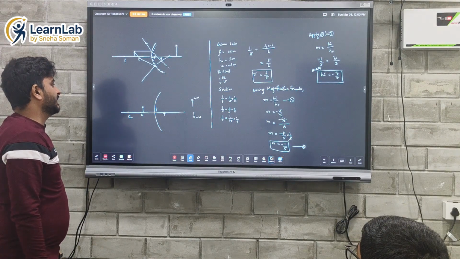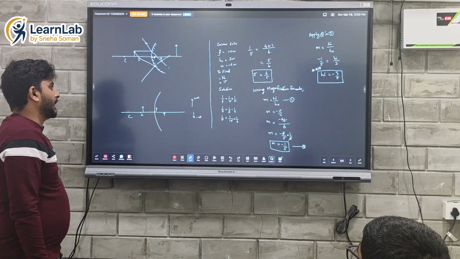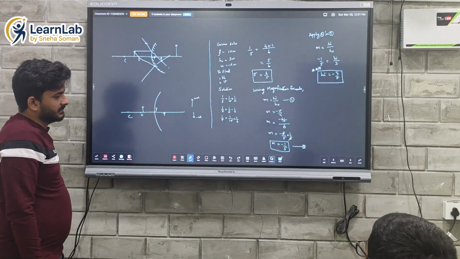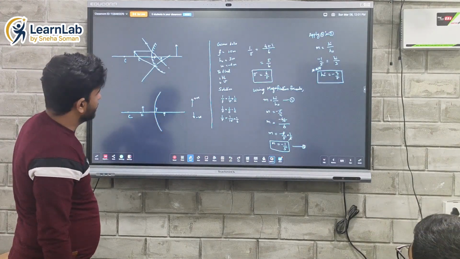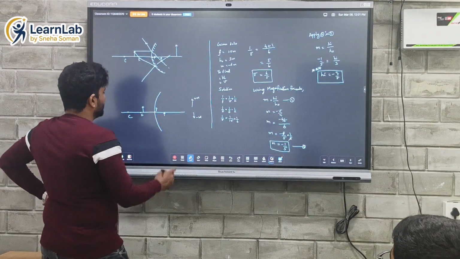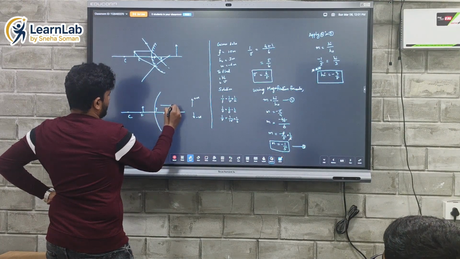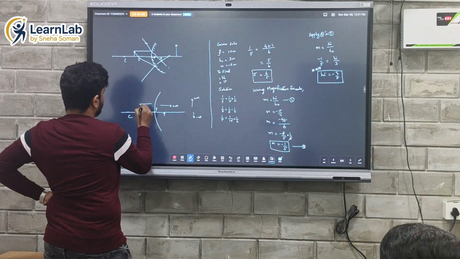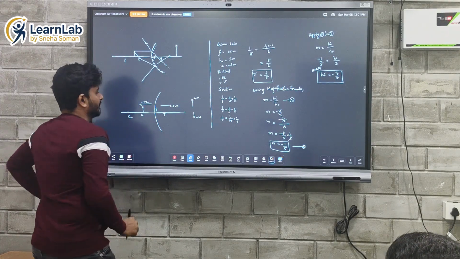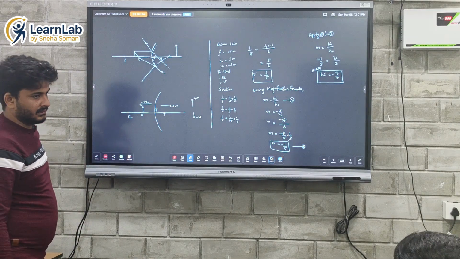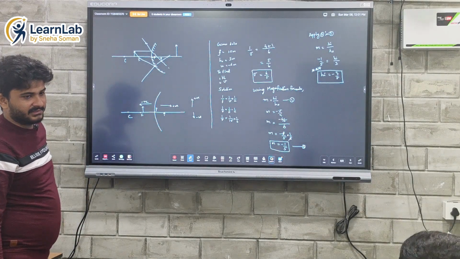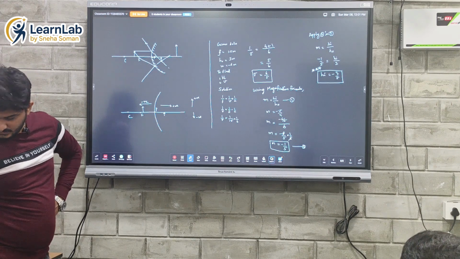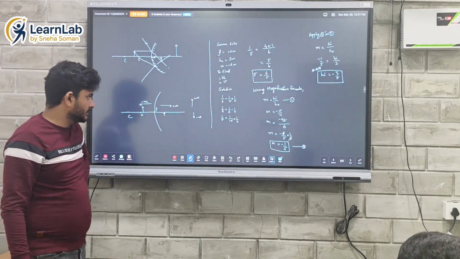So let's see for V, distance of image. This side is positive and this side is negative. So we made a mistake somewhere. Just find out.